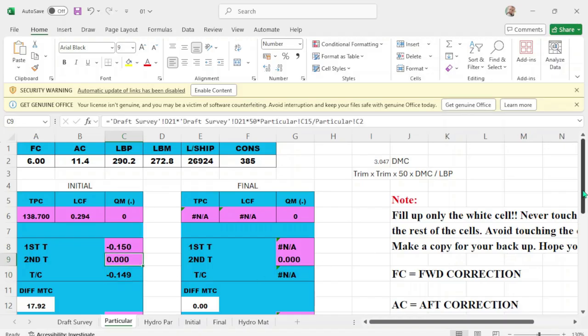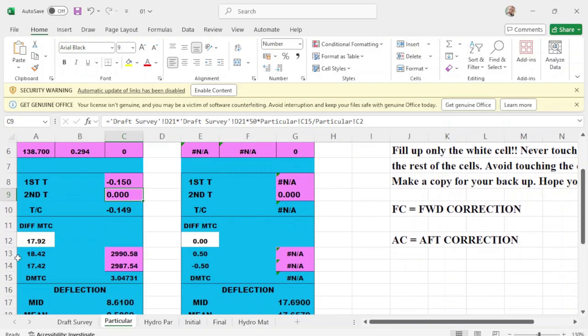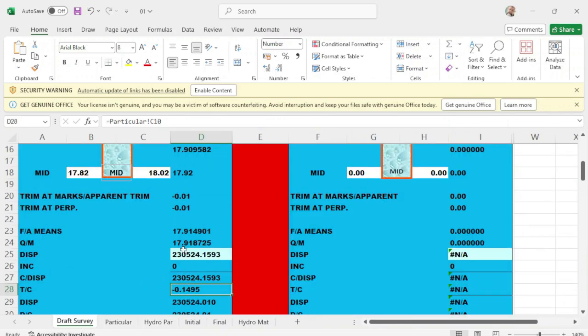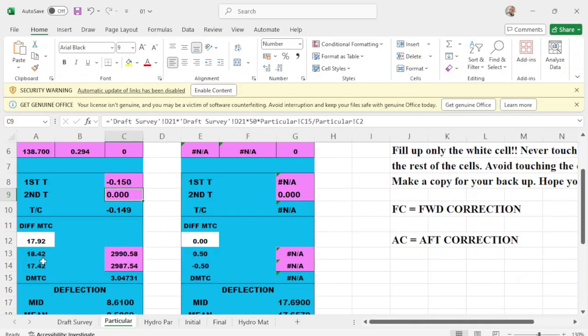I'm sorry guys, this is the MTC with a drop of 17019118, which is this one, and if you plus 50, this will be the value, and minus 50, this will be the value.